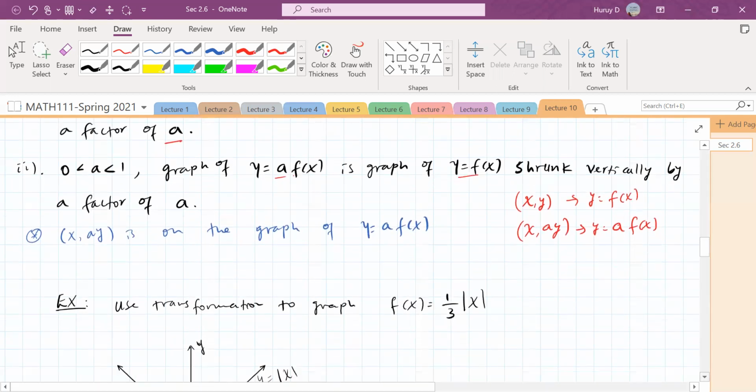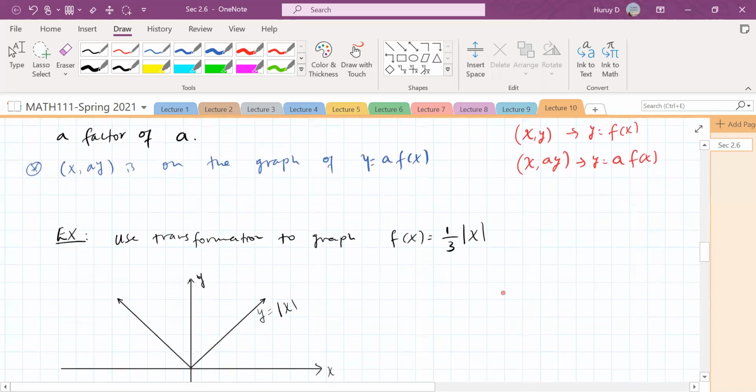Okay, so use this transformation to graph f of x equals 1/3 absolute value of x.